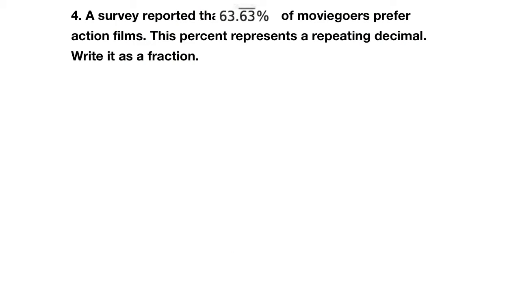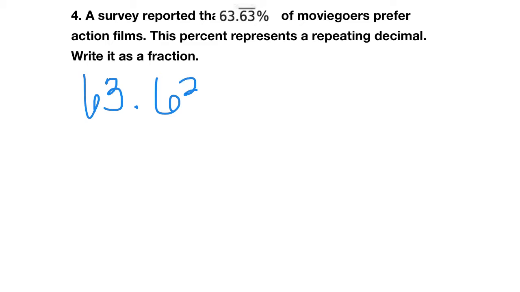We are going to begin on page 10 of the packet with question 4, and we're going to work on converting these decimals into fractions. A survey reported that 63.63% of moviegoers prefer action films. This percent represents a repeating decimal. We're going to write it as a fraction. When using your scientific calculator, you need to press 6-3 decimal.